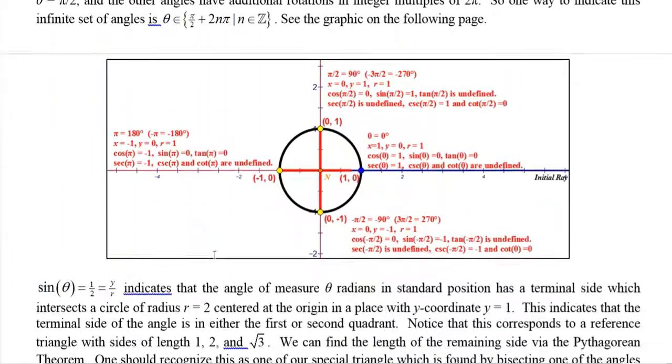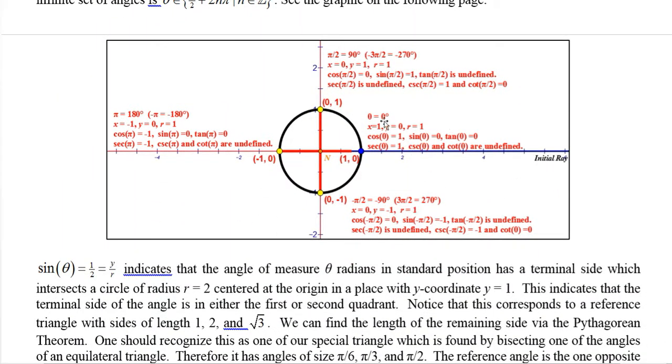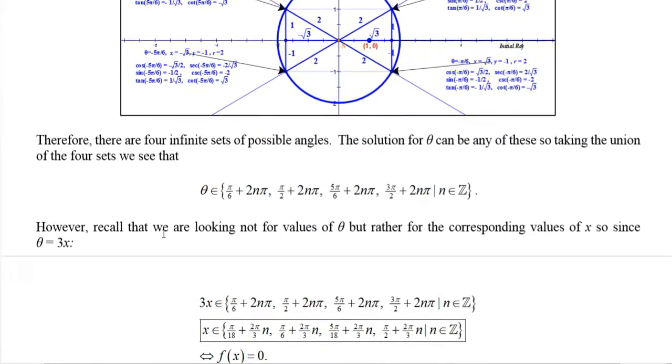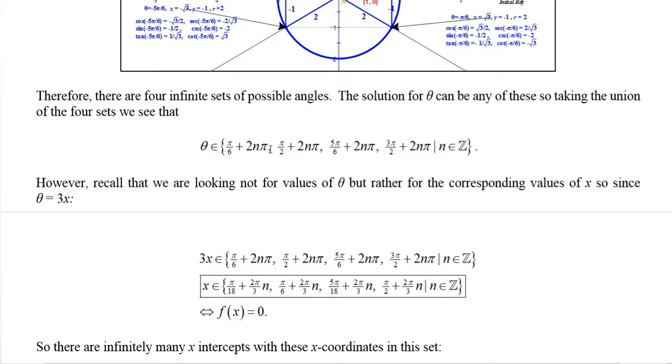We got to look at how we can visualize those on a circle picture where the circle is centered at the origin, and we're looking at angles there. Find angles there, or in other words, find the solutions in one period, and then add multiples of 2 pi to get the others, but that's just for theta. Substitute back in 3x equals theta, divide everything by 3, and now we find the corresponding values for x.